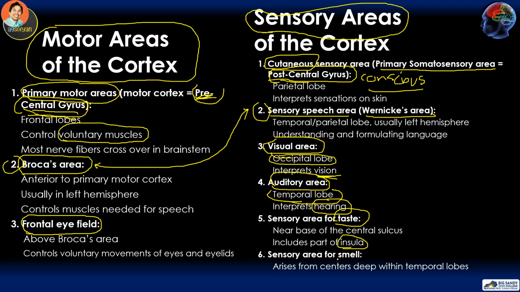And for smell, it's in the temporal lobe, but also inside in the middle area. So the bottom middle area of the temporal lobes is used for smell sensation. So these are the sensory areas, which are sensations. And the front part is all going to be for motor, or for action.